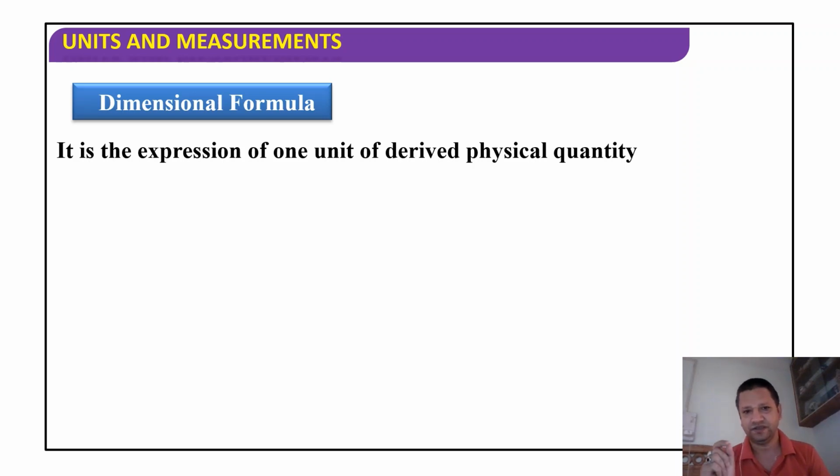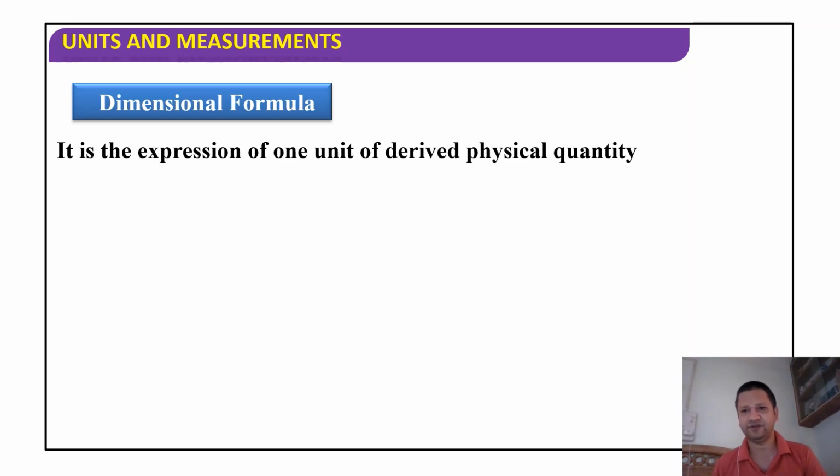We know the formula F is equal to ma, so we are familiar with the term, the formula, and the SI units of that term. But the dimension of that term is very important.